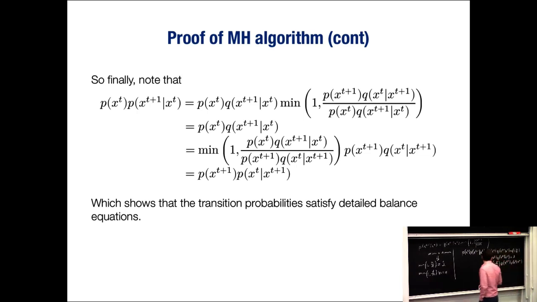And now, if you squint, you'll see that these two terms are exactly the probability of xt given xt plus 1, and this is the probability of xt plus 1. Which is exactly what we want to show. That's the detailed balance equation.